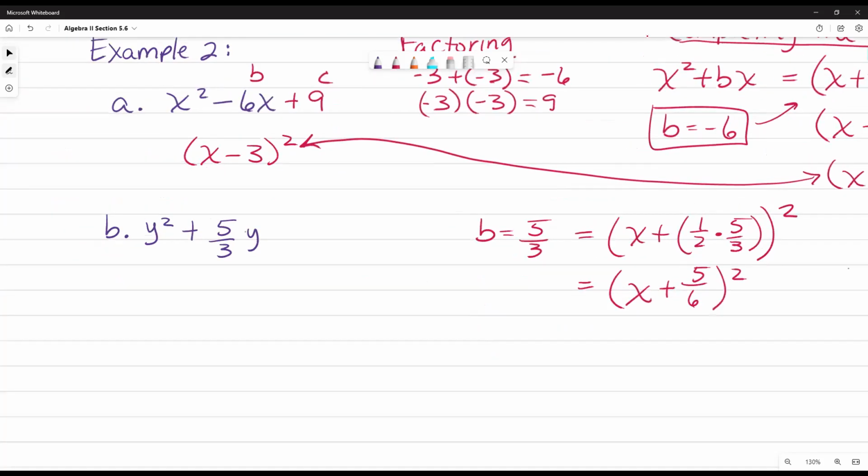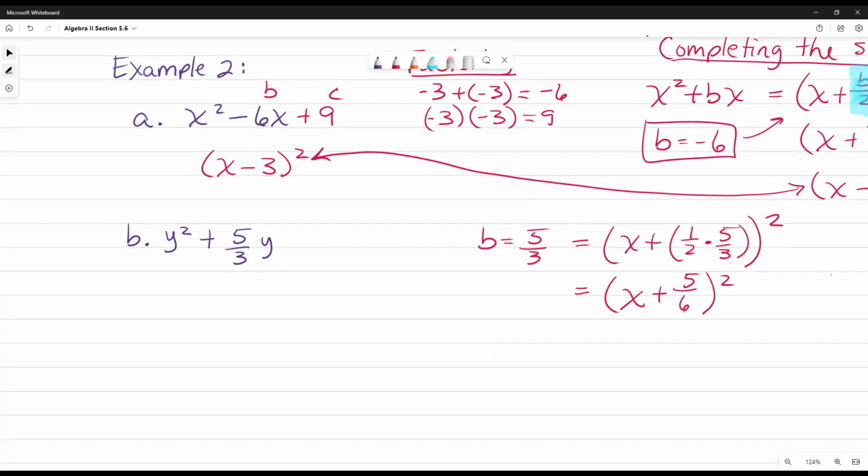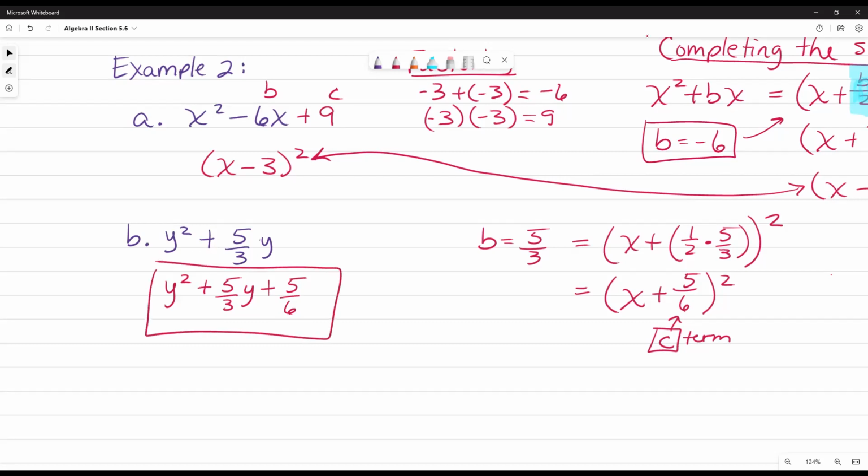So when you write this as your trinomial, so this 5/6, this is your C term. So in your perfect square trinomial, it's y squared plus 5/3 y plus 5/6. That's your perfect square trinomial.